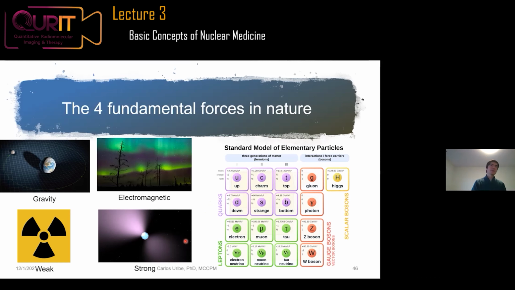Now, if you bring another proton, then yes, you can have some more strong force, but then there's also going to be more electromagnetic force. And if you keep adding protons, at some point the electromagnetic force, because of the size of the nucleus, is just going to be able to win the battle against the strong force. But to counteract that, that's where neutrons come into play. Neutrons do have that strong force interaction with protons and with other neutrons.